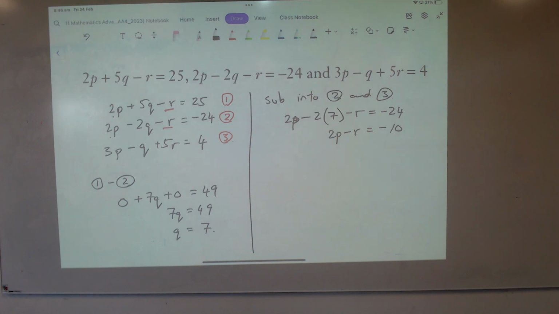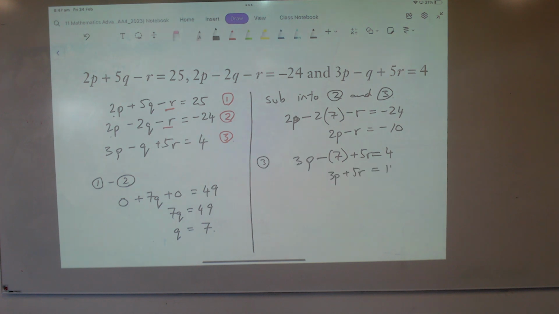And then we're going to get 3p minus 7, sub it in, this is in number 3, plus 5r is equal to 4. If we add the 7, you get 3p plus 5r is equal to 11. Now I think you could go ahead and solve that and be able to find a solution, alright?